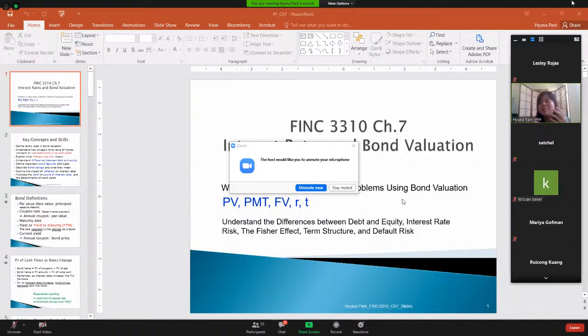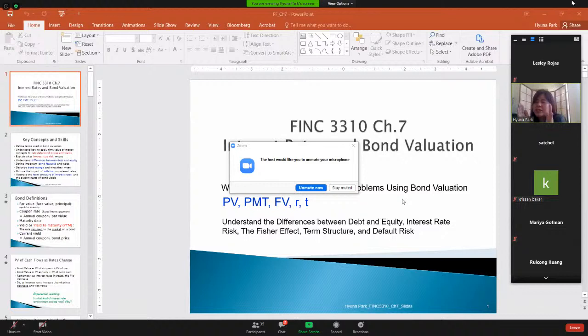All bonds work similarly. So what you learn in chapter 7 is the mechanism of how bond markets work. Most bonds are interest-only loans.